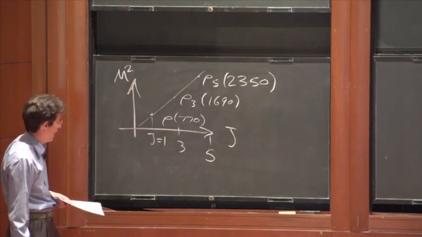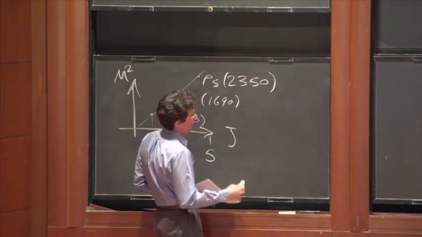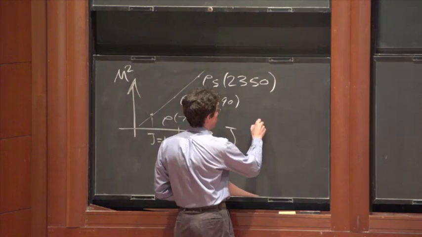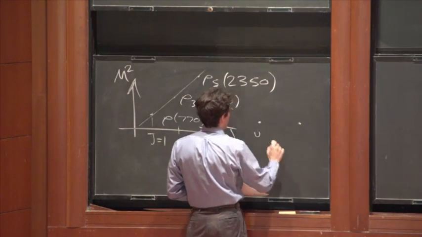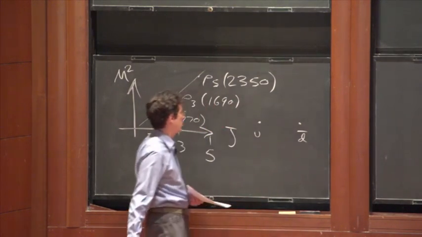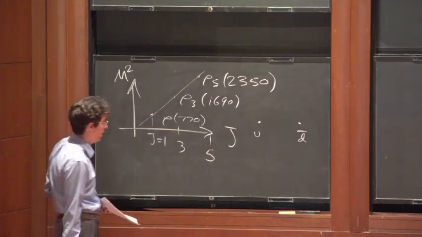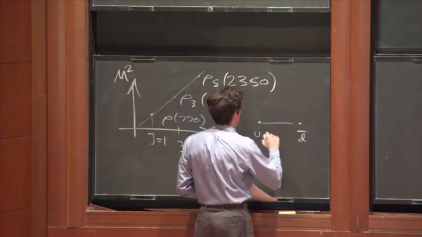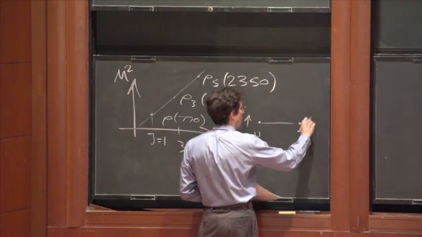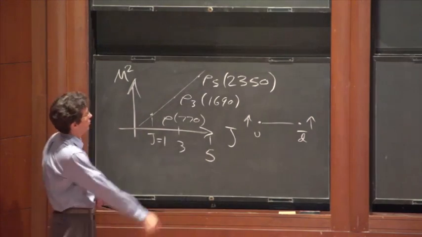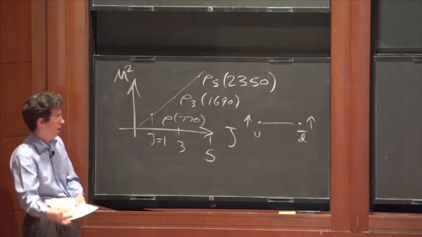It is a pretty accurate Regge trajectory, and the quark picture is that you've got an up and down bar quark if you're talking about the rho plus, and they're vector mesons, so the spins are aligned. Let's say that's why the rho has spin 1.